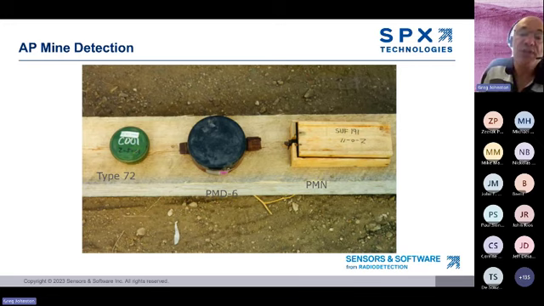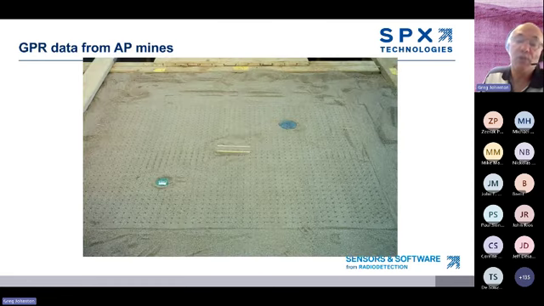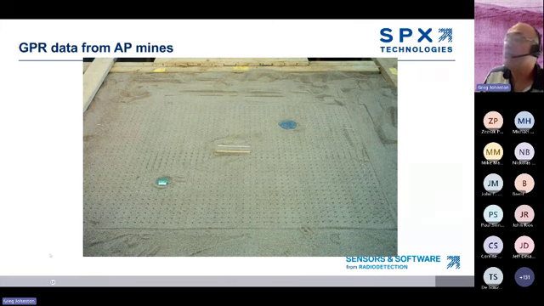GPR is also an important technology to find anti-personnel mines, which are difficult to detect because they have so little metal in them. A lot of plastic, a lot of wood, that sort of thing. We did some work with the Canadian military 15 plus years ago, showing how ground penetrating radar can detect these sorts of objects.